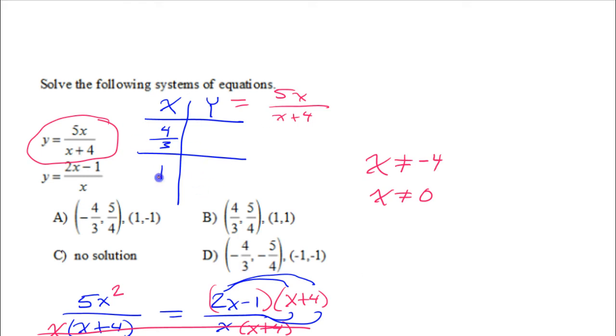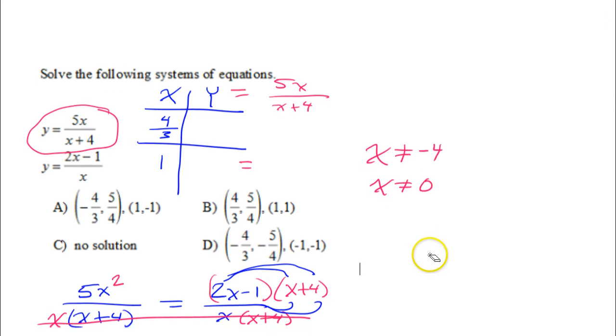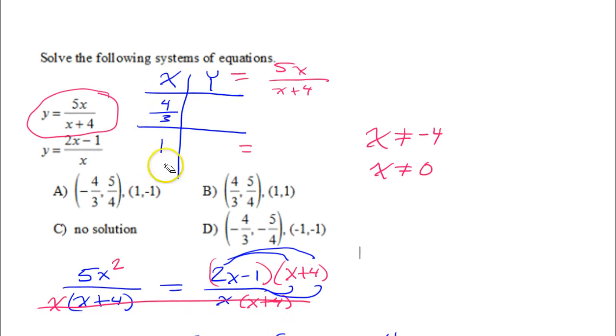Now, I have the option of either substituting these values in for x myself, or I can use a calculator. It's easy to substitute in 1, so I think I'll show you how it would work if I do that by hand. By the way, notice that neither of these are excluded, so that's good to know. I'll do this 1 by hand, but this fraction I'll use a calculator.